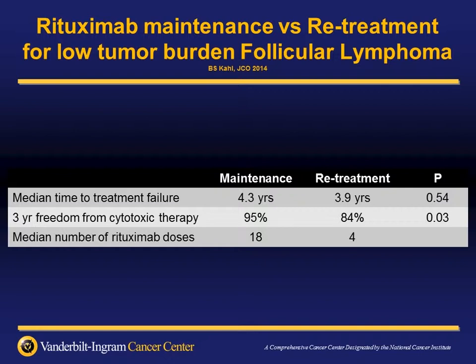The 3-year freedom from cytotoxic therapy was inferior in the retreatment arm, but very few actually had to have a lot of retreatment. And the median number of rituximab doses was 18 for maintenance versus 4. So I think this suggests that you can use rituximab when needed and that you don't have to have rituximab maintenance.